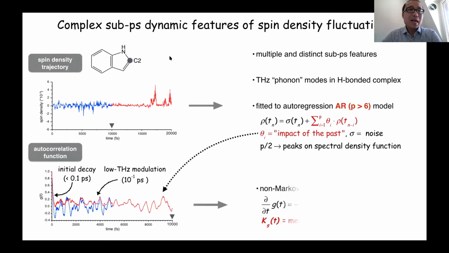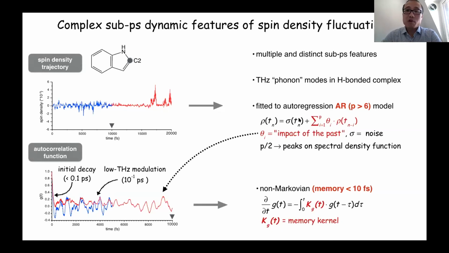Now, by analyzing the spin density trajectory using the autoregression model that is very well loved by statisticians, or we take the autocorrelation function and analyze this function using the non-Markovian memory kernel hypothesis, we can also confirm the presence of a femtosecond time scale short memory in this dynamics.